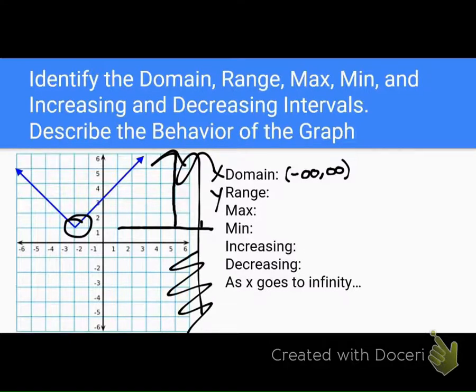So my range I can write as the interval from 1 to infinity, because those are all possible outputs for this function. Since this goes off to infinity, that means that my max doesn't exist, so I could write none. And my minimum occurs at this point, so that is when y is equal to 1.